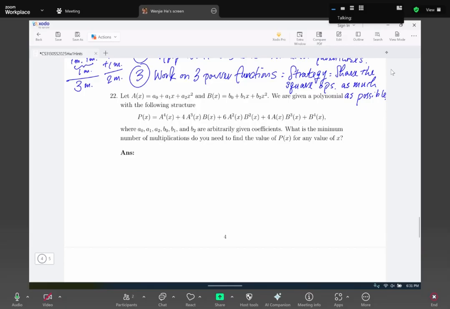The first thing you really need to be careful about: don't break the structure by expansion. Don't do expansion, otherwise you would get too many terms. Then you count the number of multiplications, too many multiplications.